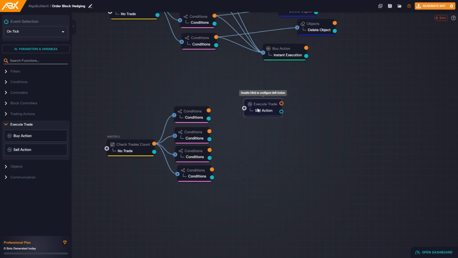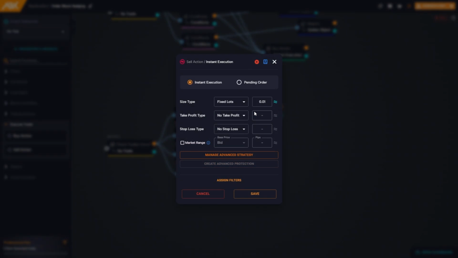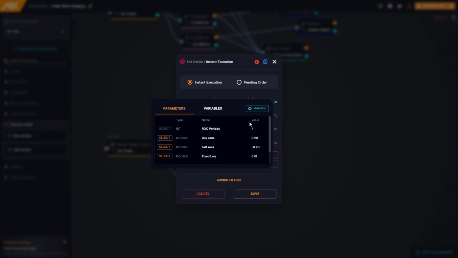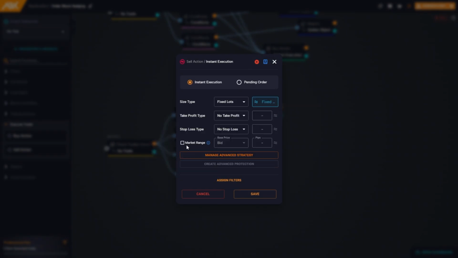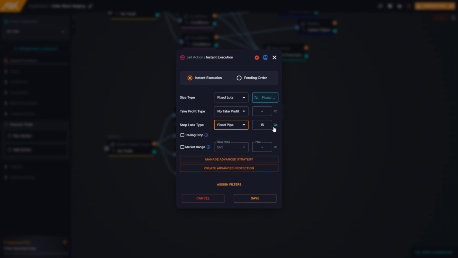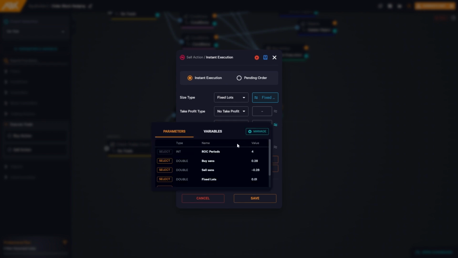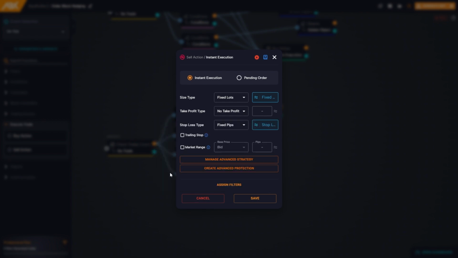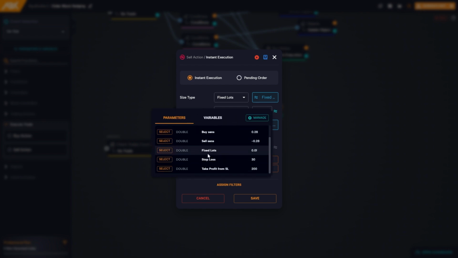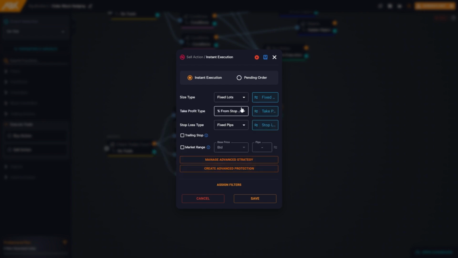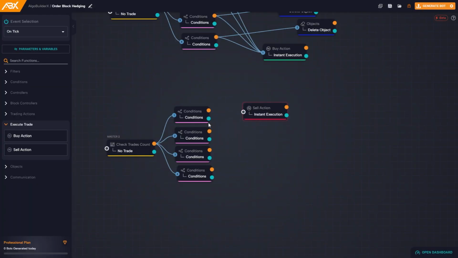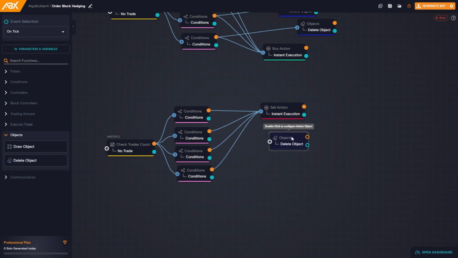Connect all these conditions to the sell action block and use the same risk management as the buy block. Don't forget to delete the lines when they're activated.